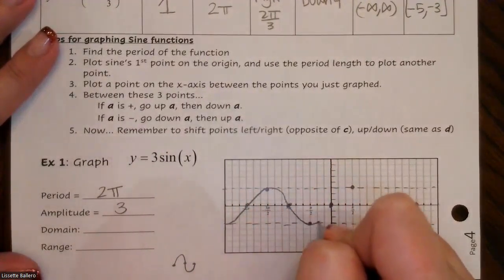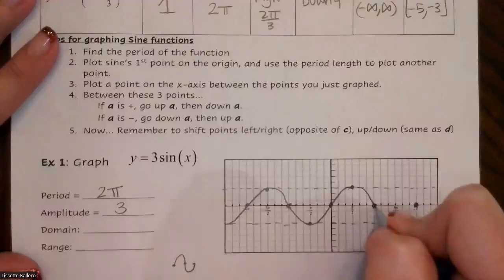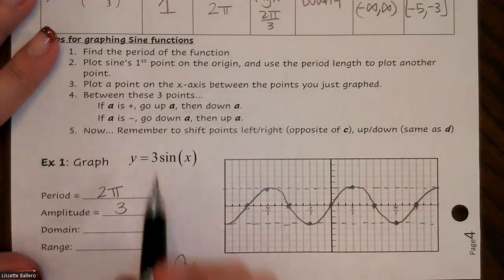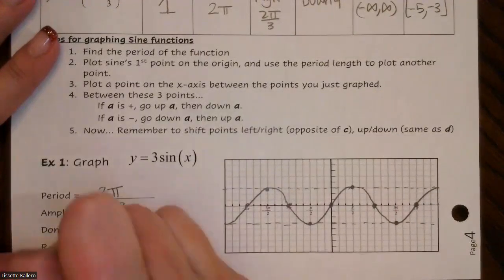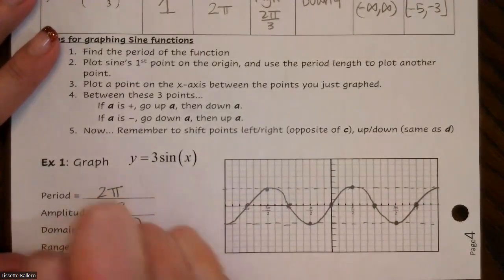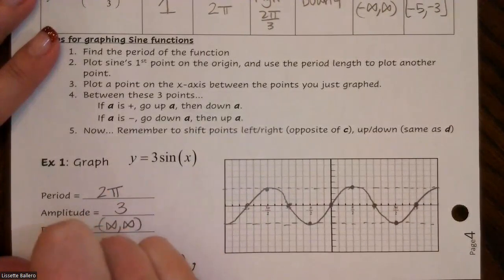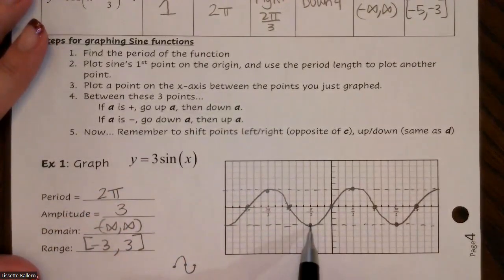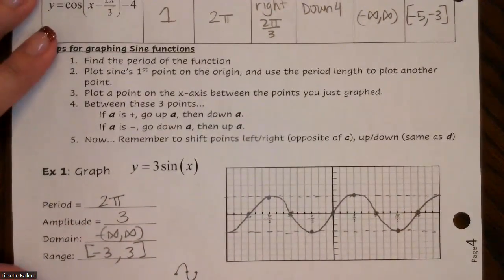And then I connect my dots. And so there is my sine curve with this vertical stretch of 3. My domain has not changed, but my range is going to go from -3 to 3 because that's my smallest y value to my biggest y value. All right, let's try one that's a little bit harder now.